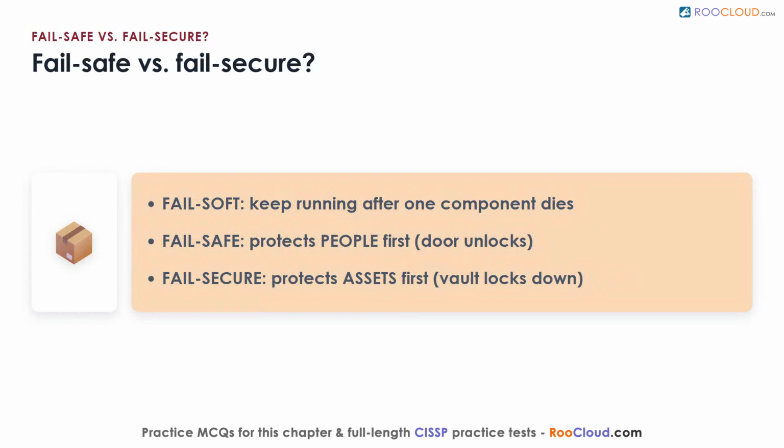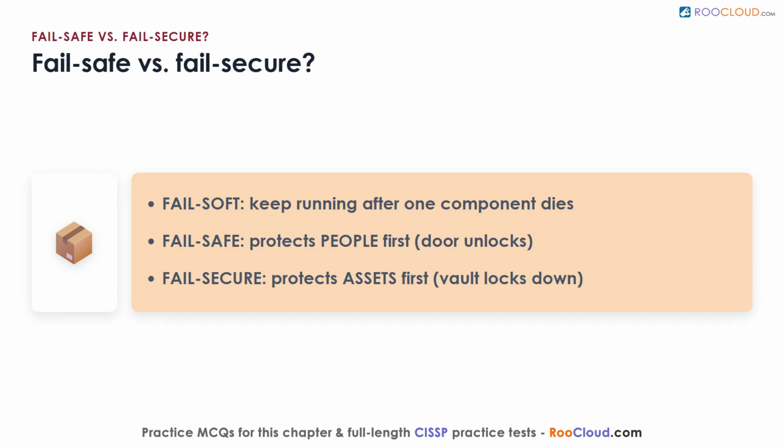What is the difference between fail-safe and fail-secure? Both describe a complete failure, but they protect different things. Before that, note the gentler option, fail-soft. To fail soft is to let a system keep running after one component dies, like a multitasking computer where one crashed app does not take down the others. When full failure is unavoidable, you must choose a priority.